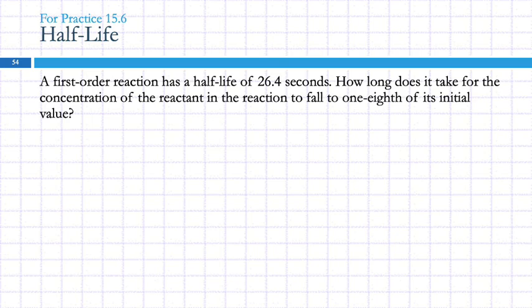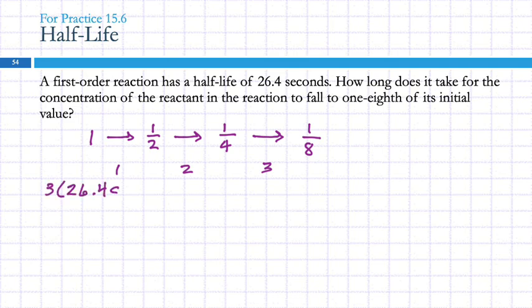Because we have 1/8 of its initial value, we start with 1, and after one half-life, we go to 1/2, and after 2 half-lives, we go to 1/4, and after 3 half-lives, we go to 1/8. So we have 1, 2, 3 half-lives. 3 times 26.4 seconds.